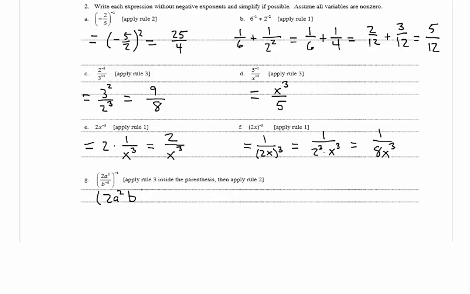So we have b to the 6th power, and all of this raised to the negative 1. So because our exponent is negative in the numerator, we're going to make it positive in the denominator, and we can write this as 1 over 2a squared b to the 6th. And all of that is raised to the 1st power, so we don't have to write to the 1st power. And that's our video on negative integer exponents.